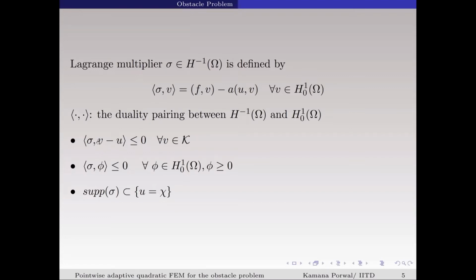Then we choose the test function v as u plus φ, where φ is a non-negative H^1_0(Ω) function, to obtain this property of σ. It basically says that σ is non-positive. We can also prove that the support of σ is contained in the contact set.